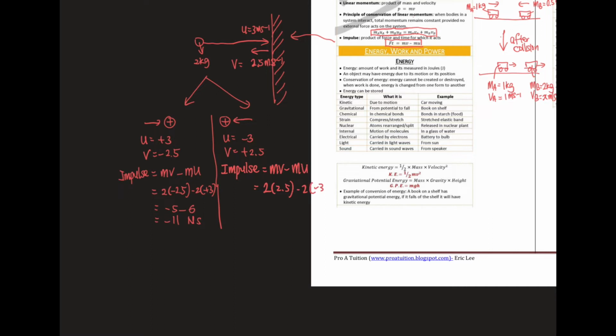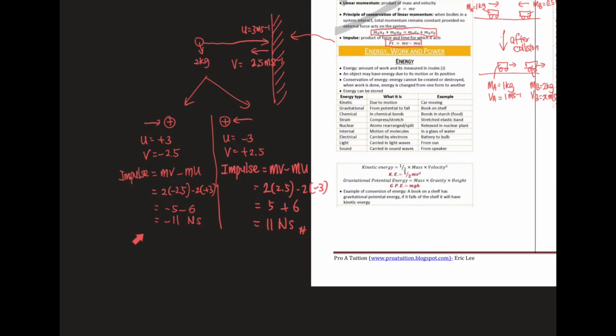2.5 minus 2 negative 3, then you get 5 plus 6, then you get 11 Newton second. It is more popular to see something like this as the final answer in the mark scheme. 11 Newton second.